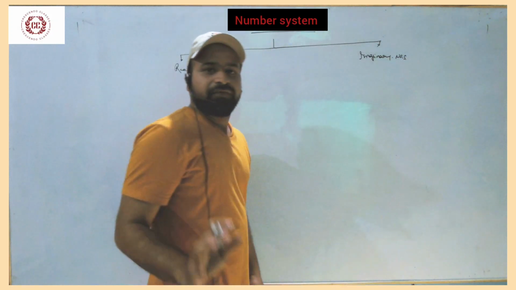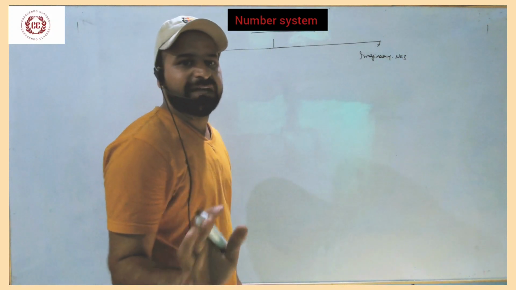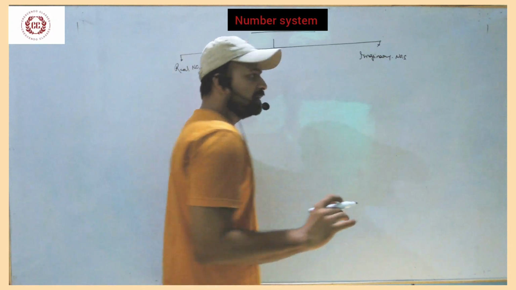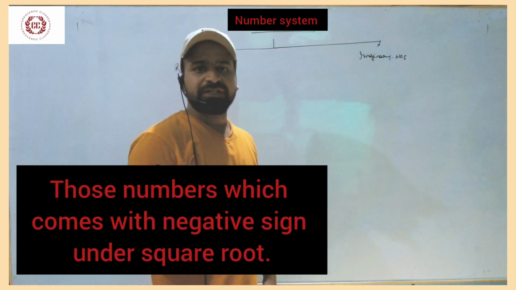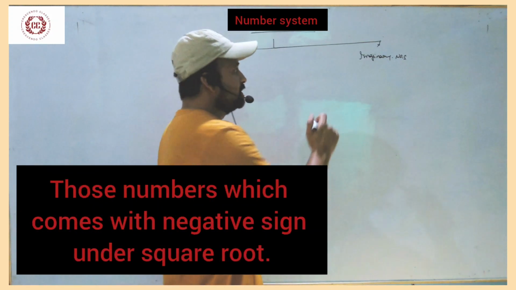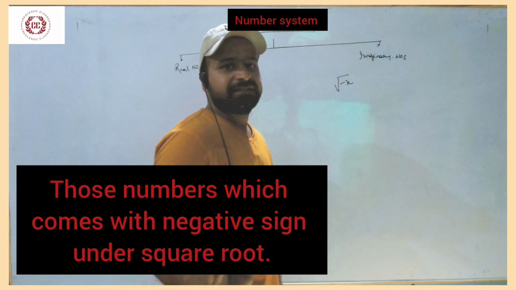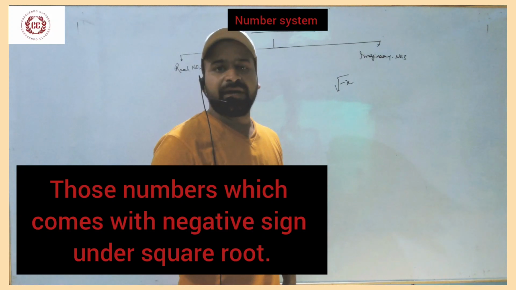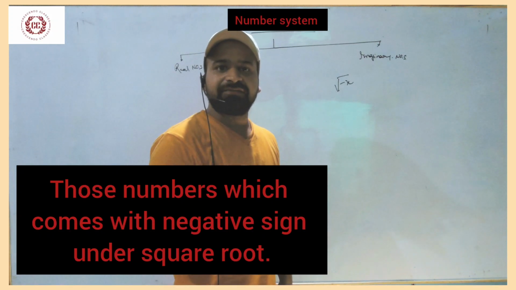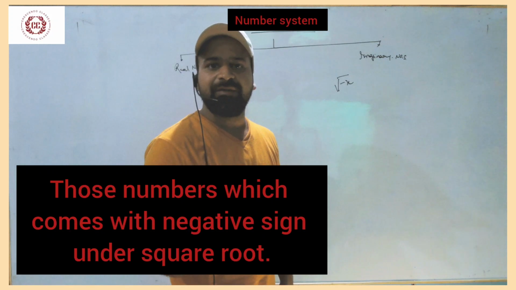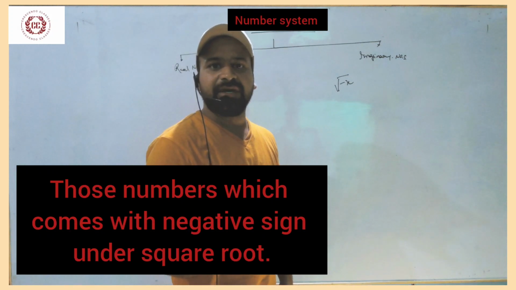In short, firstly we will understand what imaginary numbers are. Imaginary numbers are those numbers of the format root under minus x. That is, when any number comes with a negative sign under a square root, that will be considered an imaginary number.